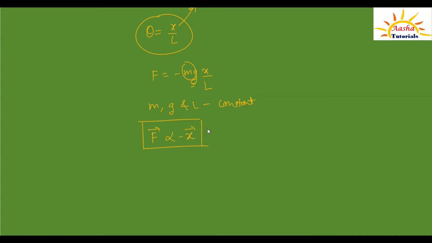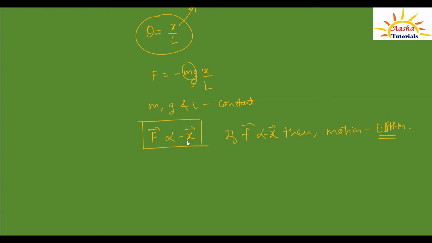And we know that for linear SHM, we have the same case that if force is directly proportional to displacement but oppositely directed, then in that case we have that motion which is oscillatory motion. That motion is what we have, linear simple harmonic motion, right? So we can say that pendulum performs the linear simple harmonic motion.